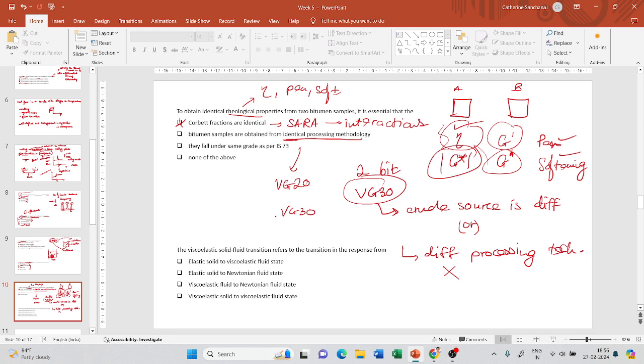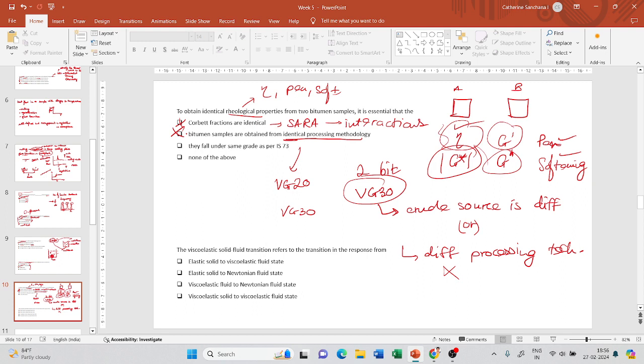In that case, you cannot simply jump ahead and say that they will have identical rheological properties. It need not be. So the answer to this is vague. You cannot choose this option unless you have clear information of all the possible factors that could affect the rheological properties of bitumen.